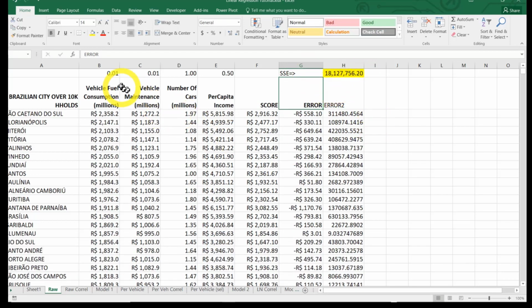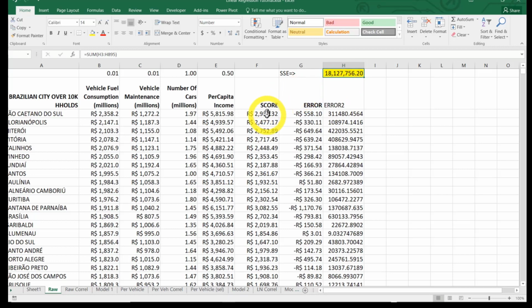We wanted to figure out what are the intercept and the weight for each one of the predictors that produce the lowest sum of squared errors. Because the lowest sum of squared errors is the linear regression, is the score that best estimates the consumption of gasoline in each one of the cities. That's essentially how linear regression works.